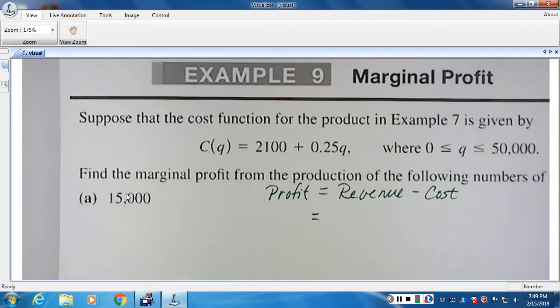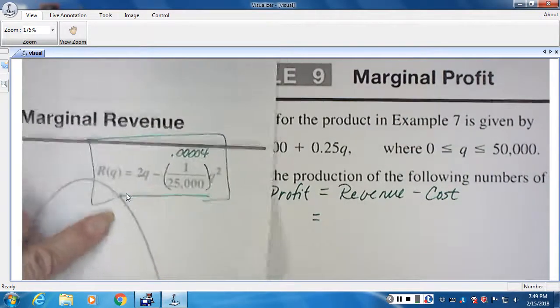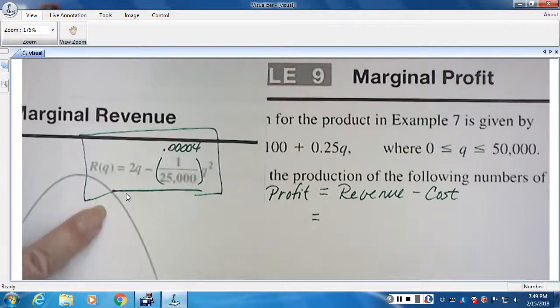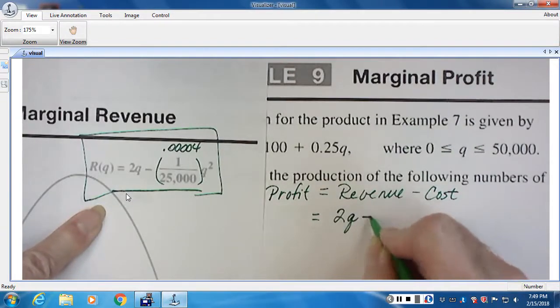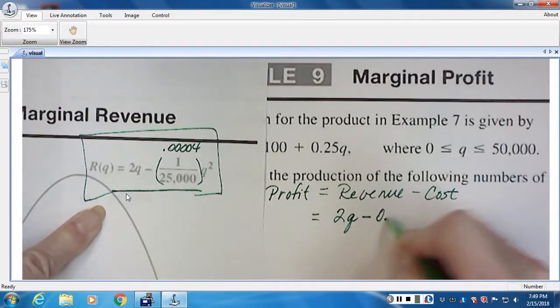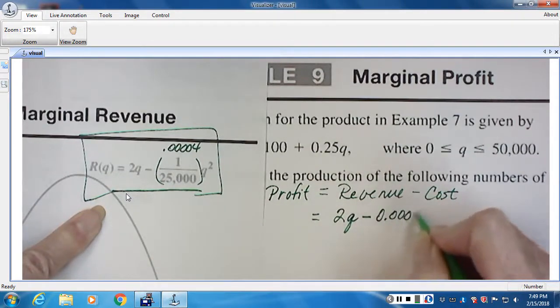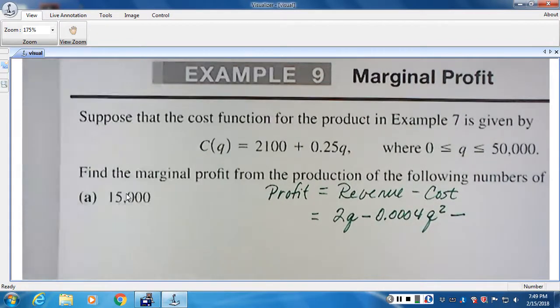So that means we would go back to this equation. And I'm not using that 1 over 25,000. I'm going to use the decimal. And then I'm going to subtract the cost from that.